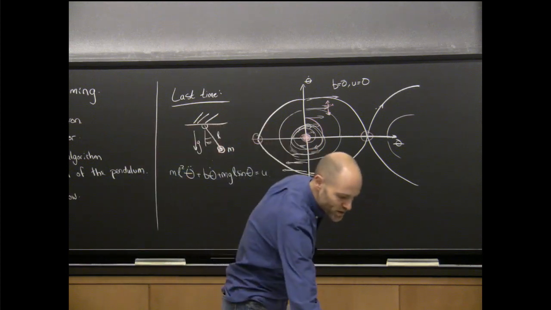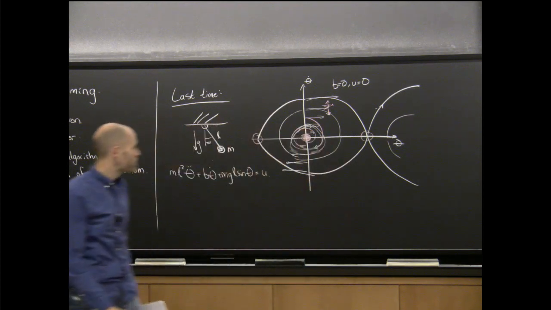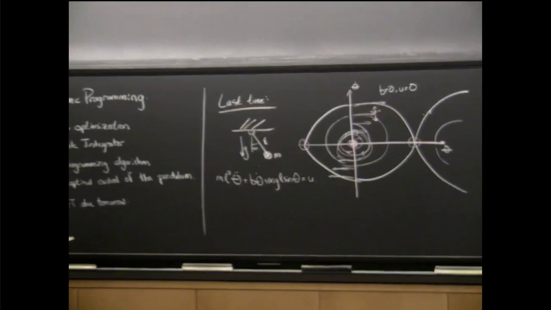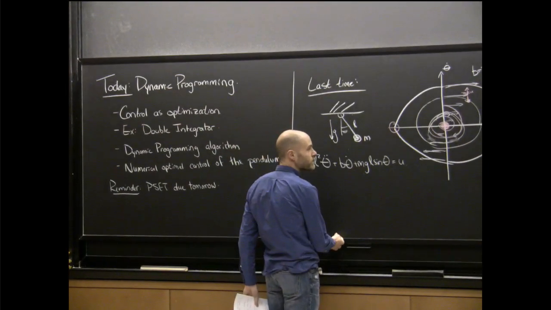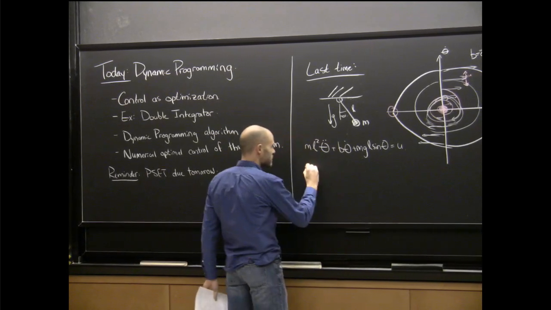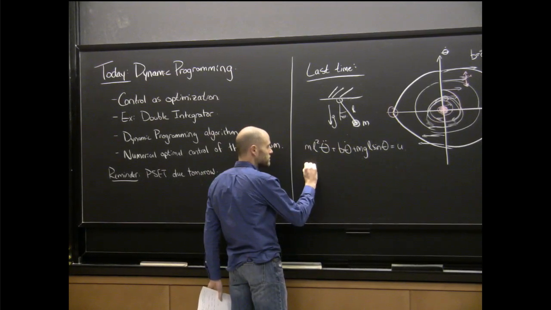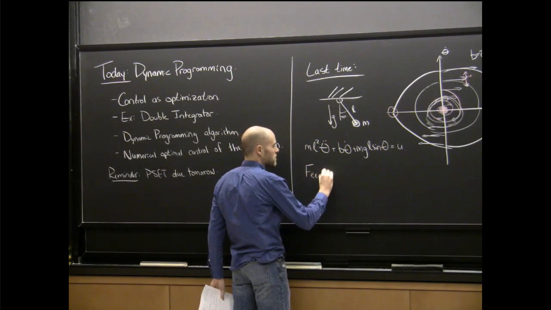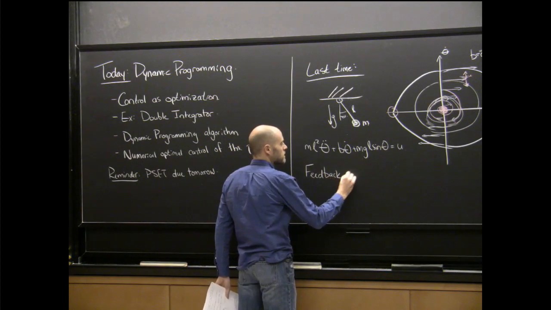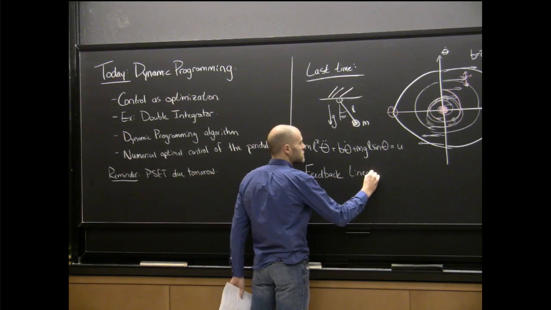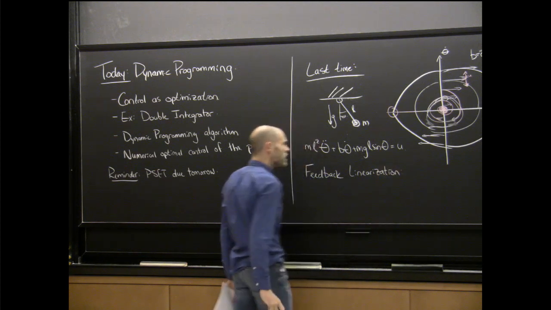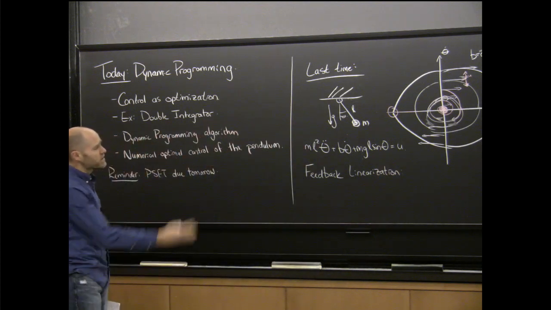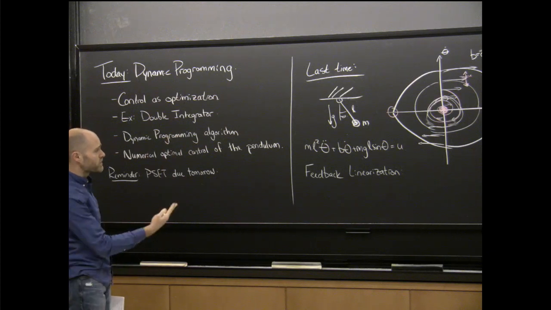So what tools do we have to do that? We're going to try to give some better tools today. The only idea so far we've really given you is feedback linearization. Just to make it clear, the feedback linearization controller for this would be very simple.